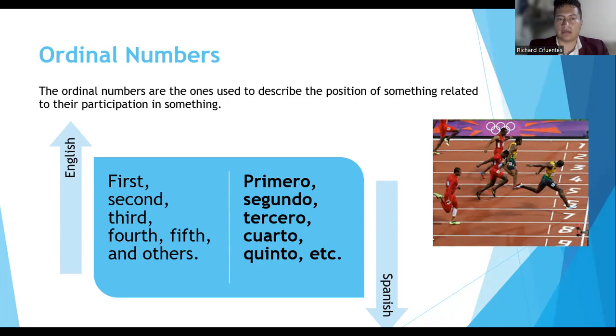I can change a little bit. Okay, it's only related to the letter A and the letter O.